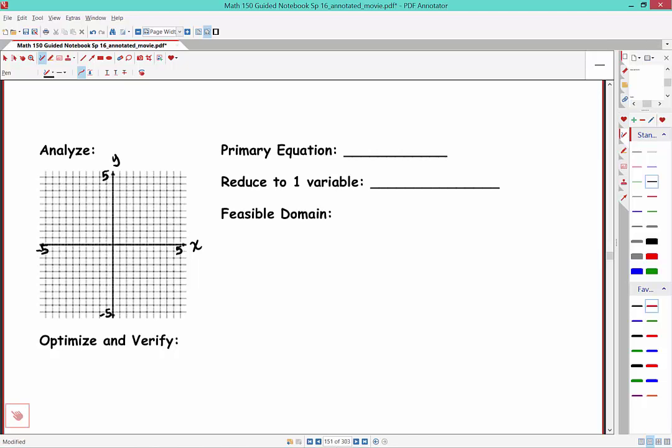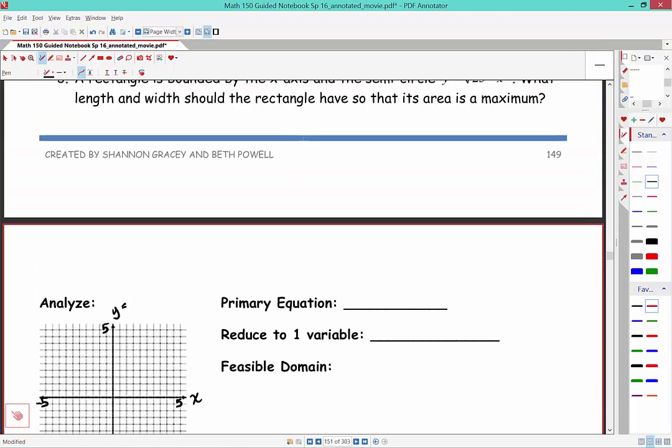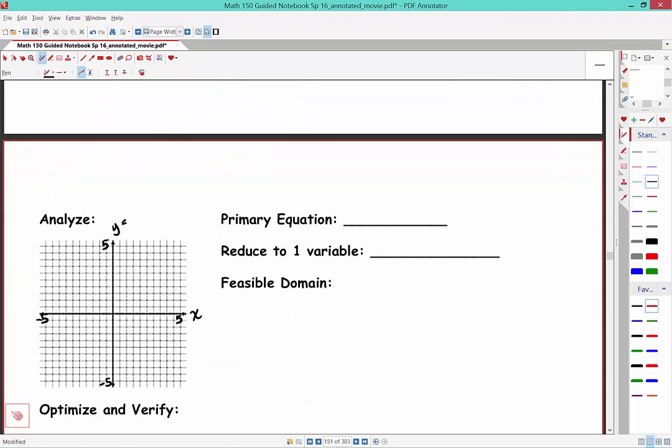And recall that y is equal to the square root of 25 minus x squared.